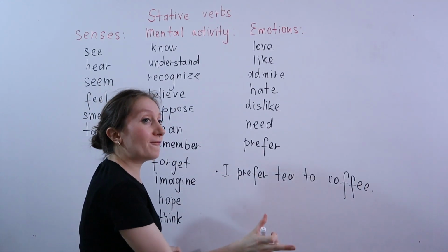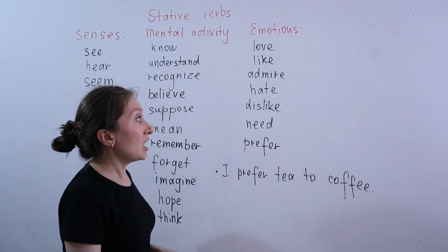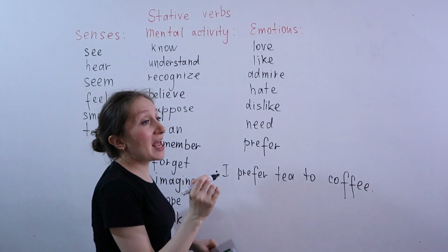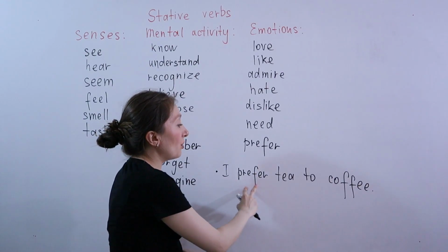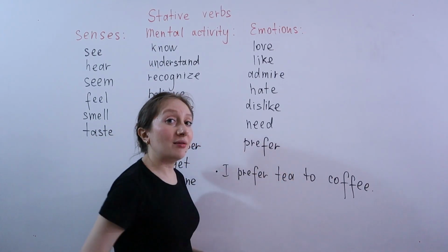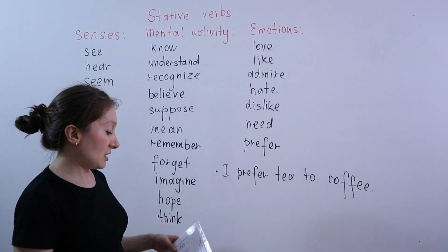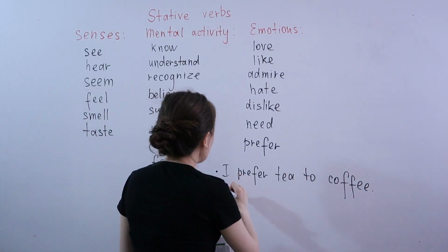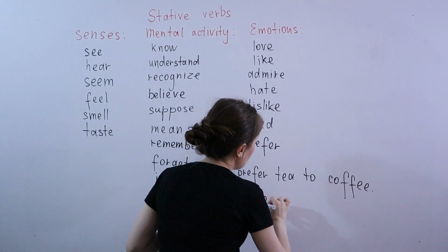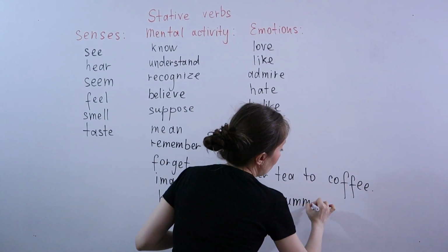So just verb, copy paste. If it's he, she, it, we add s. He hates, he dislikes, he needs. She prefers tea to coffee, right? Very easy. And one more example, for example, I love you or I love summer.